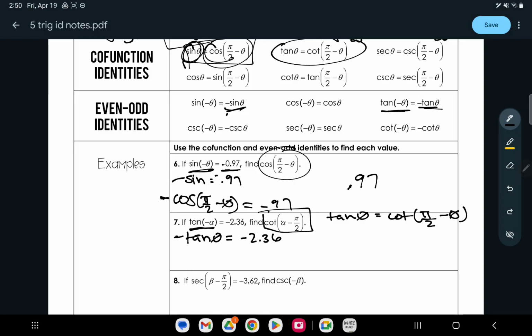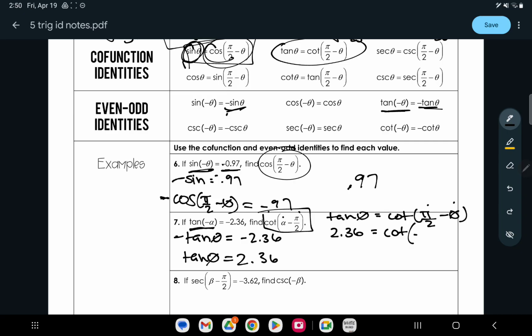But notice, this has angle minus pi over 2, this is pi over 2 minus angle. So I have a factor of negative 1 in here. So tangent theta is 2.36.